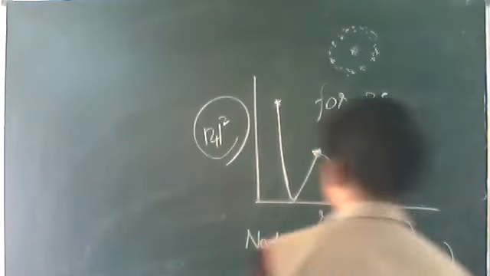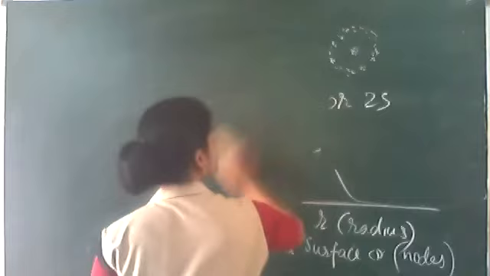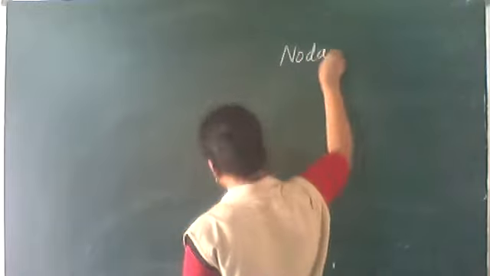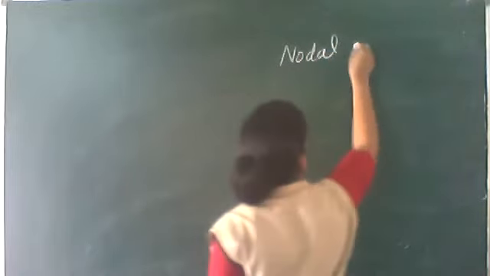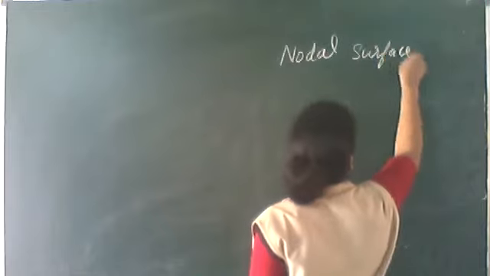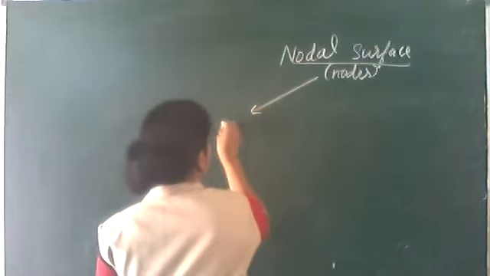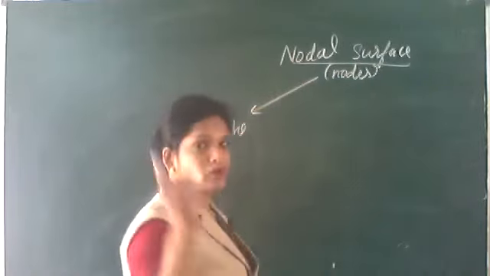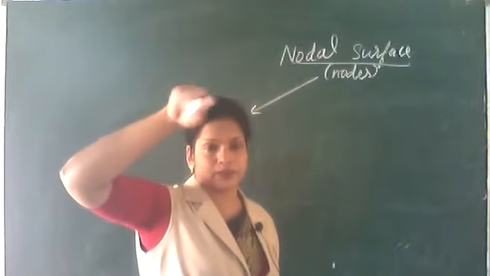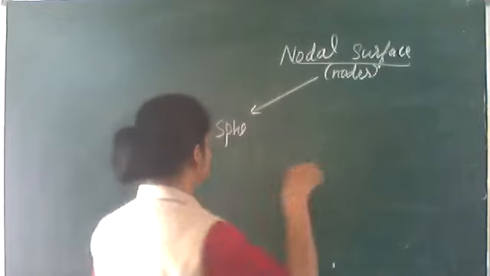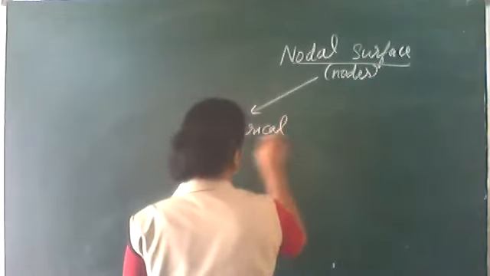Spherical nodes mean the region between 1s and 2s, between 2s and 3s, between 3s and 4s, like that. Spherical nodes.